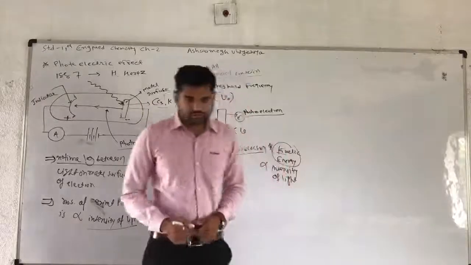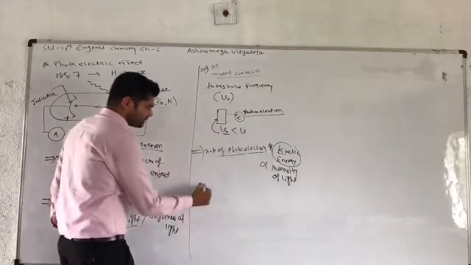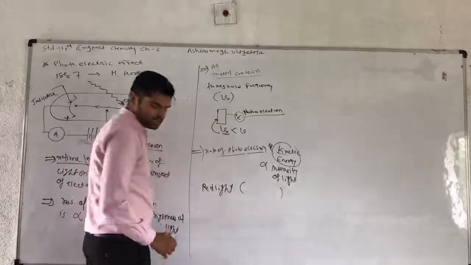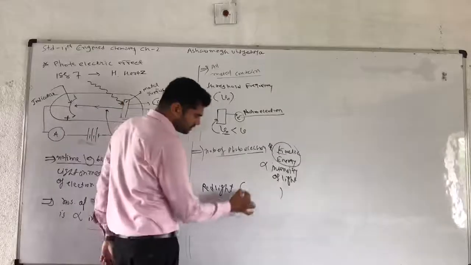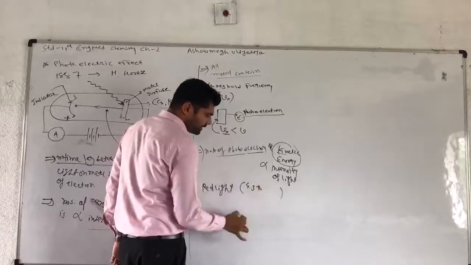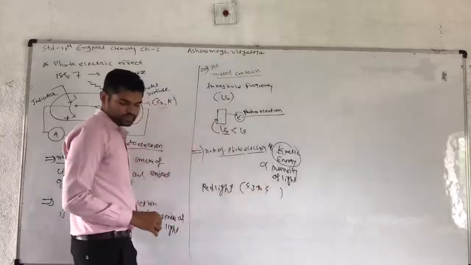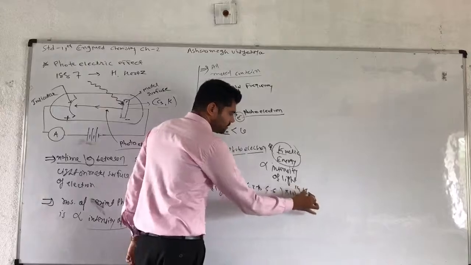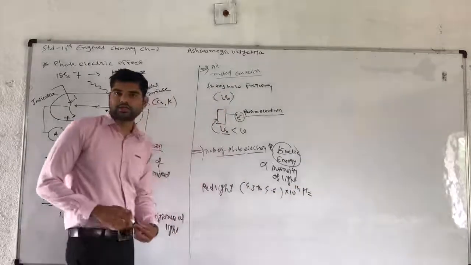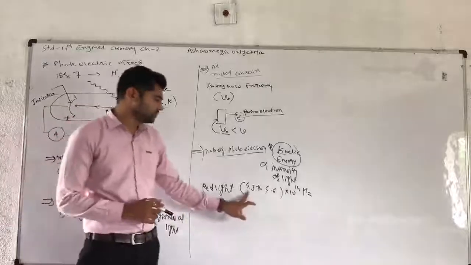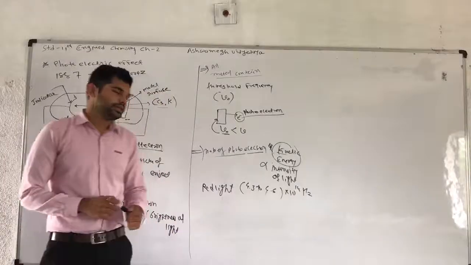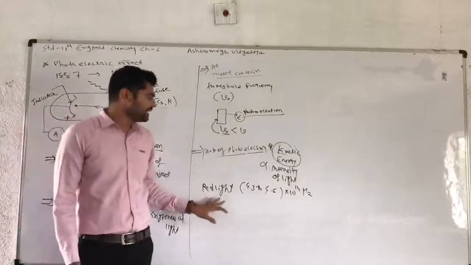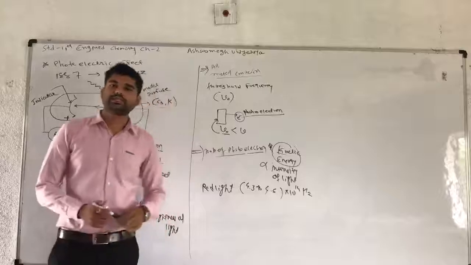Here, for red light, the frequency of red light is 4.3 to 4.6 into 10 raised to 14 hertz. This is below the threshold frequency for red light incident on a potassium metal.